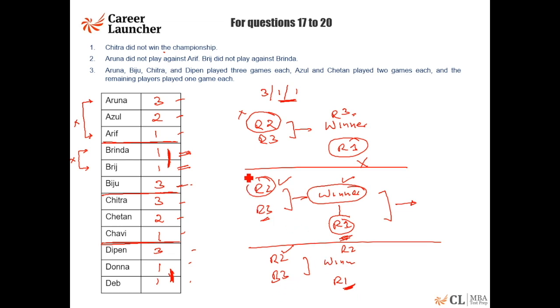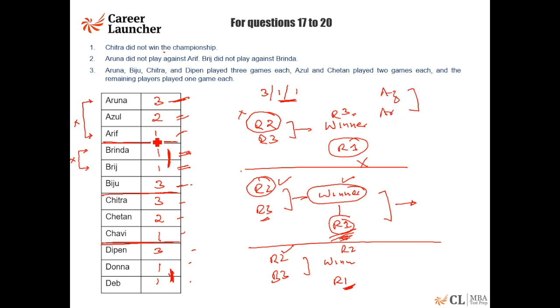So the situation is going to be a 3-1 scenario. In a 3-1 scenario, the rank 1 person will move to the next round. So what is happening here? Let me look at the situation for group A. The first match would be between Azul and Arif.